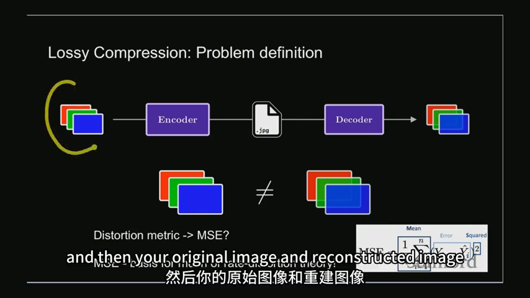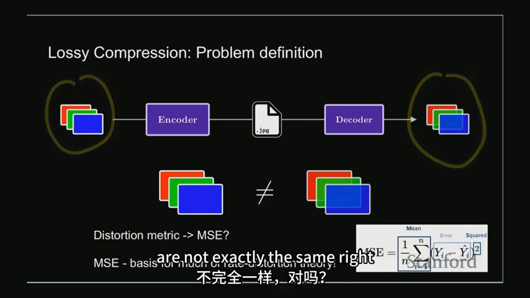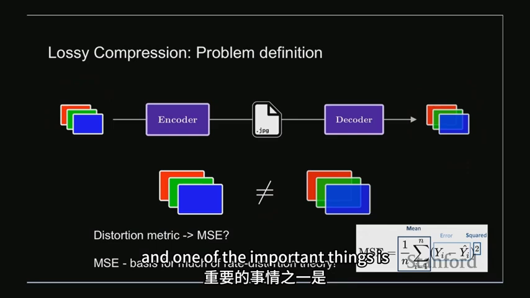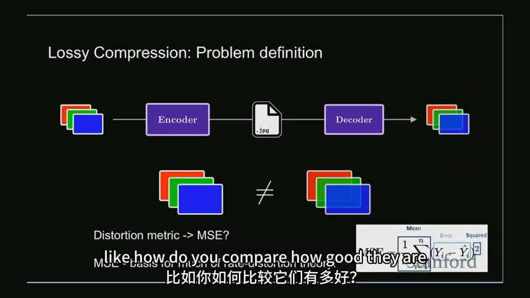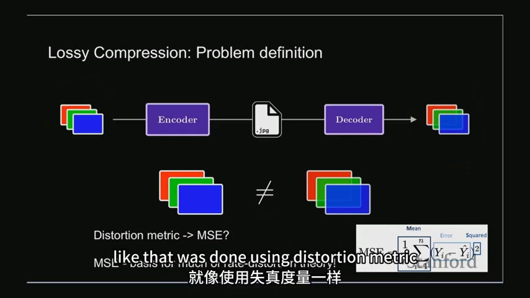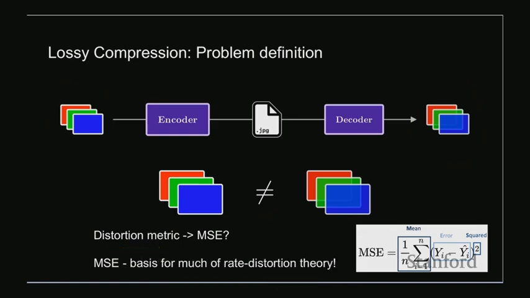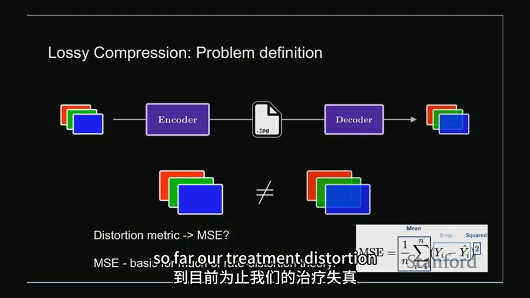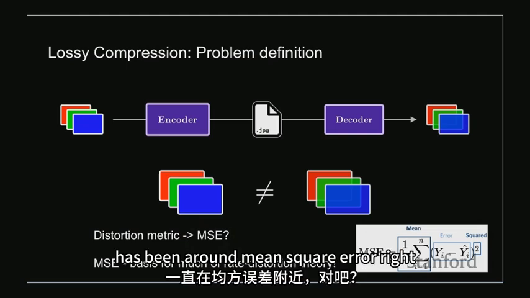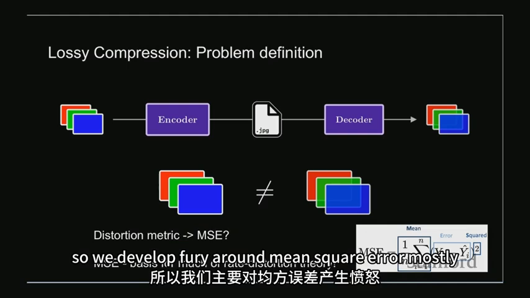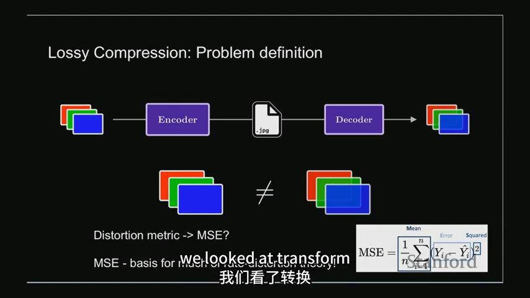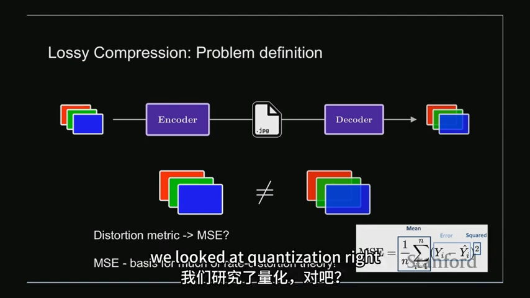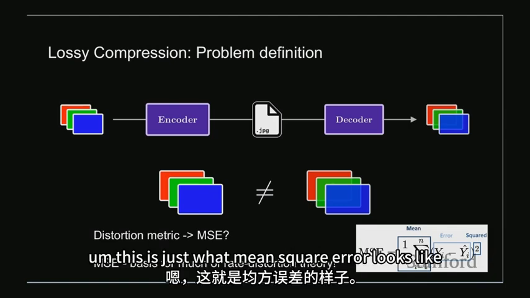Your original image and reconstructed image are not exactly the same, and one of the important things is how you compare how good they are. That was done using a distortion metric. So far our treatment of distortion has been around mean square error. We developed theory around mean square error mostly. We looked at transform coding examples and quantization around mean square error.